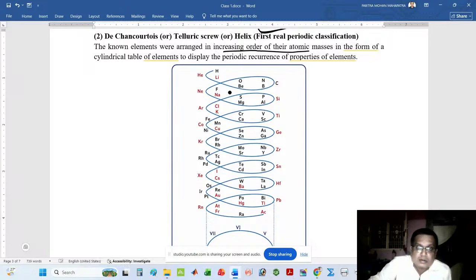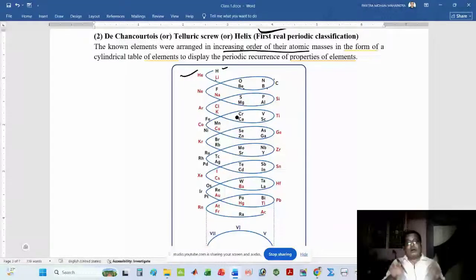Look at that. If you think about hydrogen, next is helium, and obviously the atomic mass of helium is greater than hydrogen. Similarly, think about lithium, arranged according to the mass. And remember, they are in the form of a cylindrical table of elements to display the periodic reoccurrence.